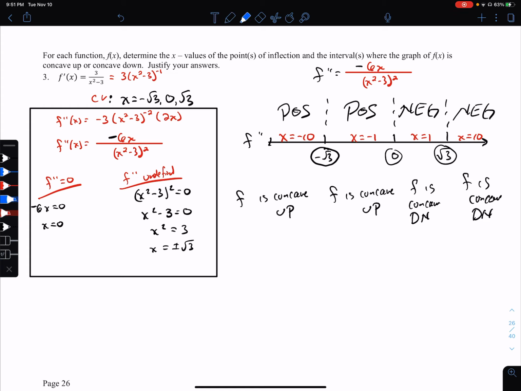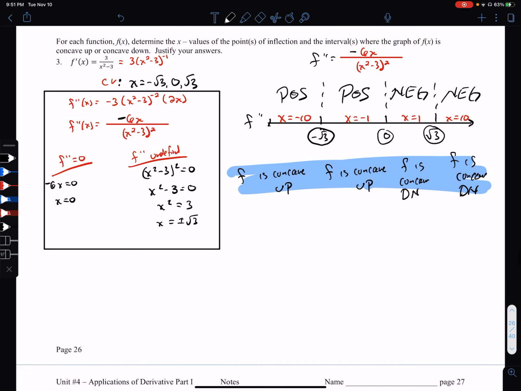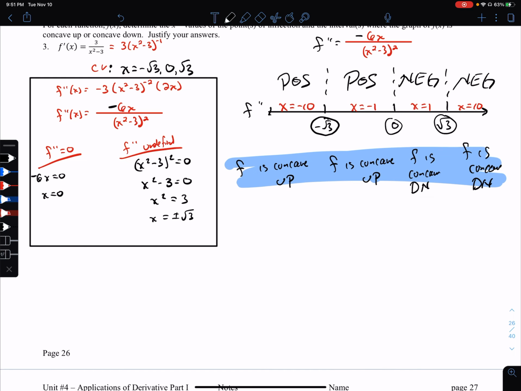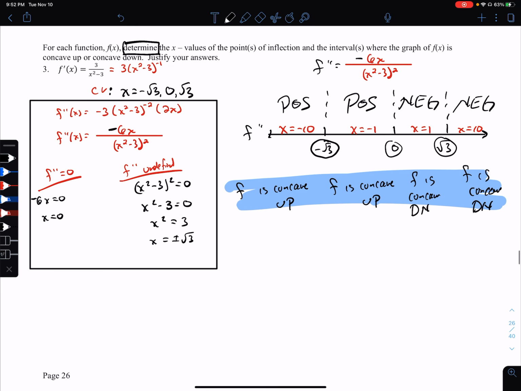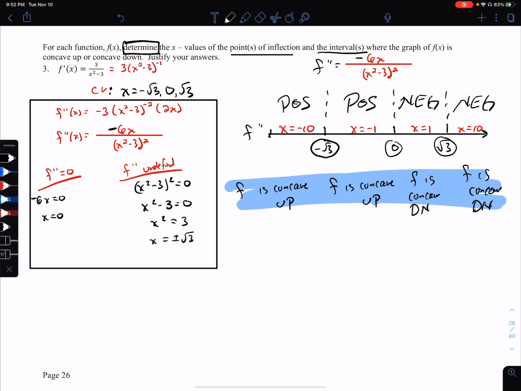On the AP test, you would not have to write this stuff in blue. I'm just making some notes here. Actually, it's completely redundant. So the original question was to determine the x values of the points of inflection. Well, actually, we haven't done that yet. And the intervals where the graph is concave up or concave down.